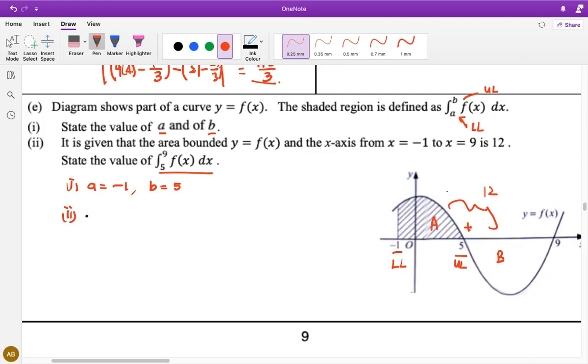Okay, so B, the area will be 12 minus. What is the area of the shaded region?